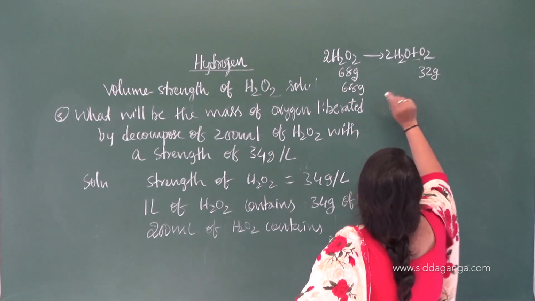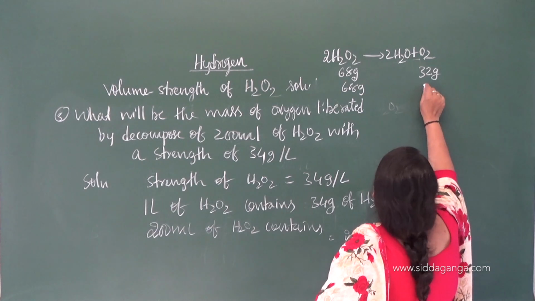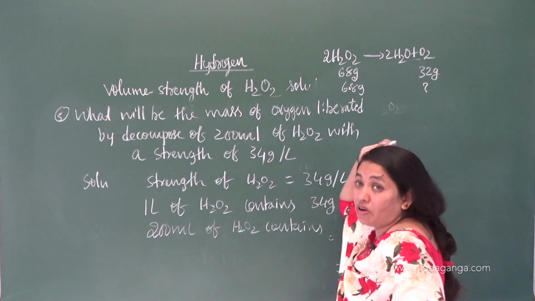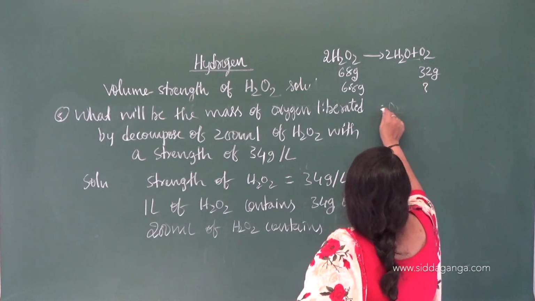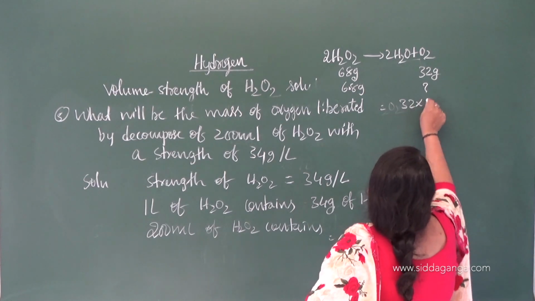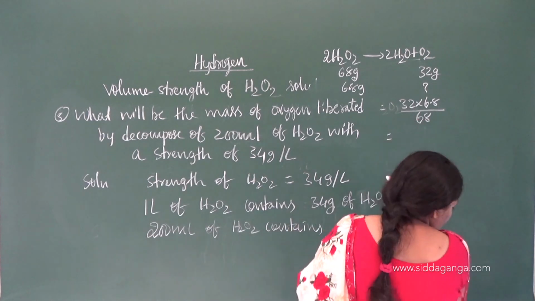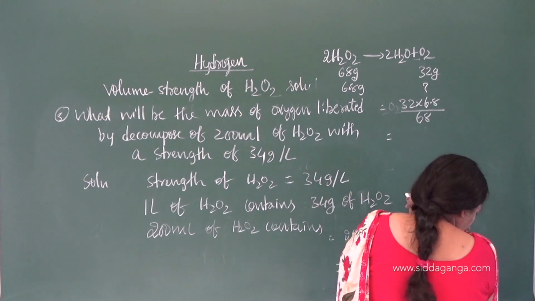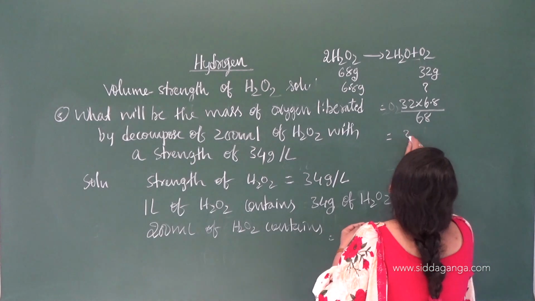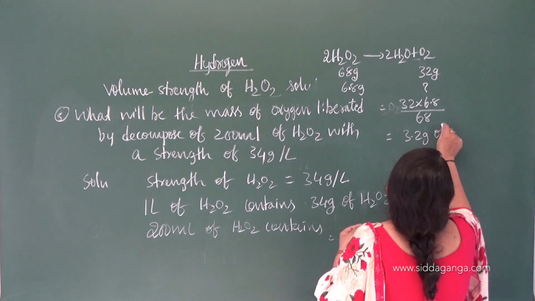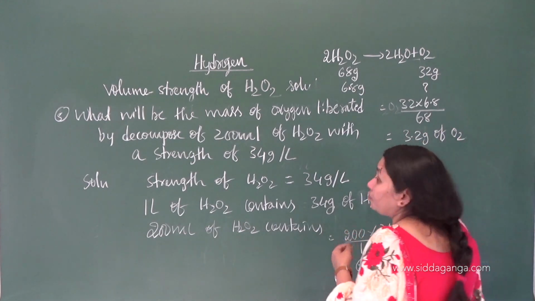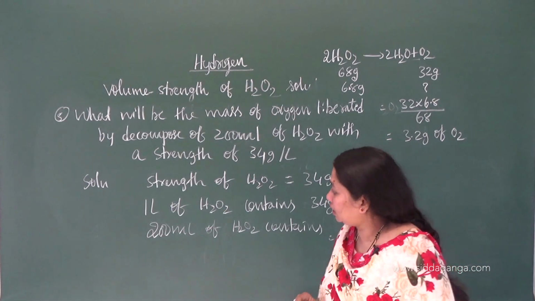It is 68 in the equation, it is 6.8 here. So what is the mass of oxygen liberated? Again, that is equal to 32 into 6.8 divided by 68. So you are going to get around 3.2 grams of oxygen. It is very easy now, right?